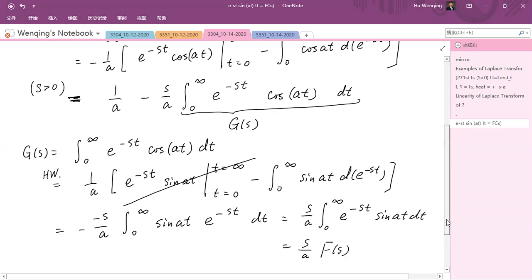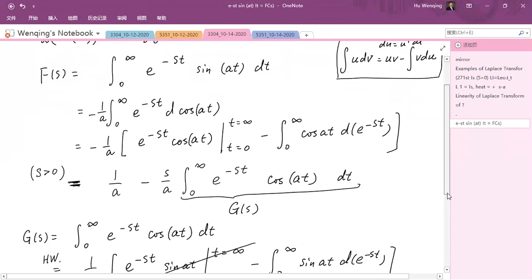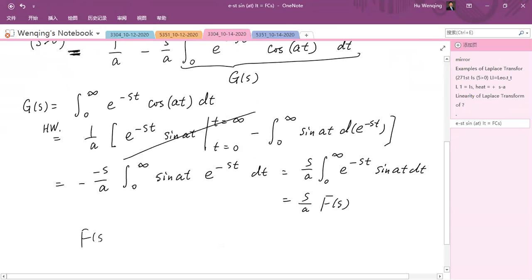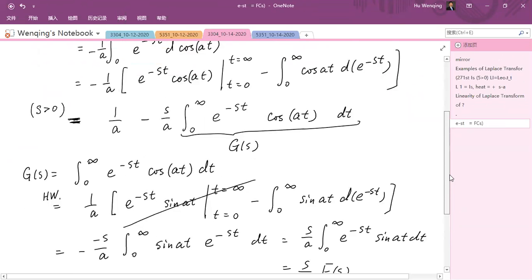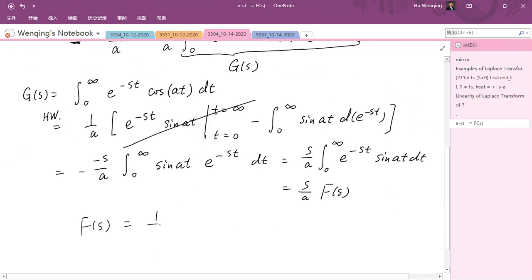So in the end, you get such a nice conclusion that capital F of s, according to the first equation, is 1 over a minus s over a times G of s. But G of s is equal to s over a times F of s.